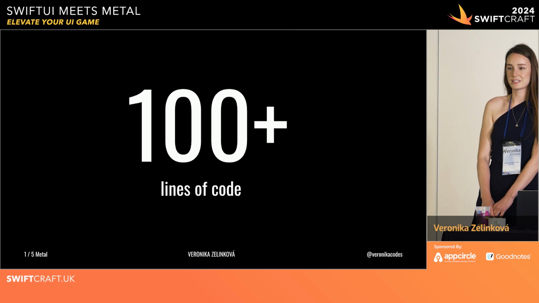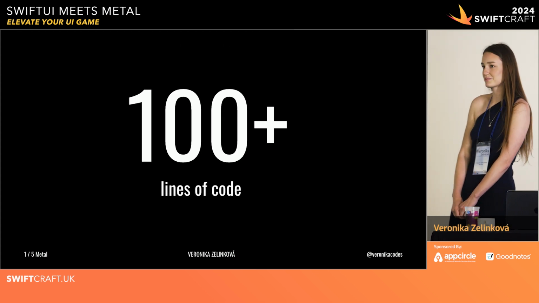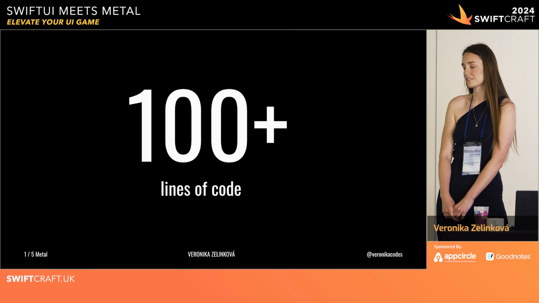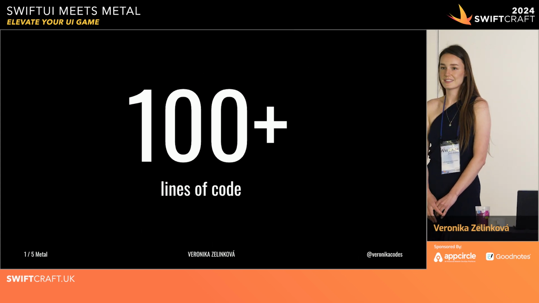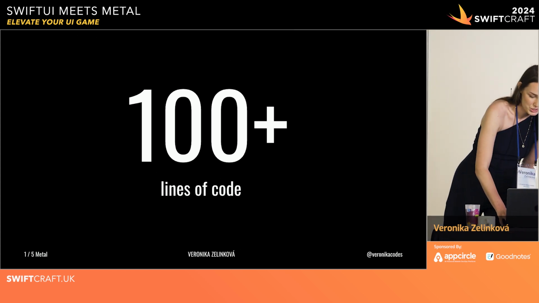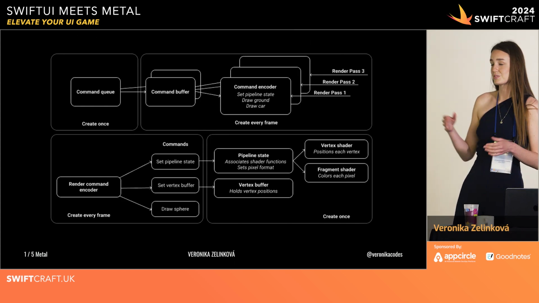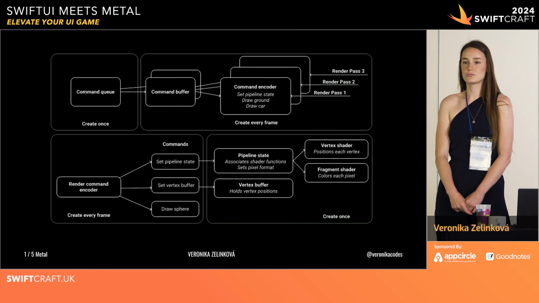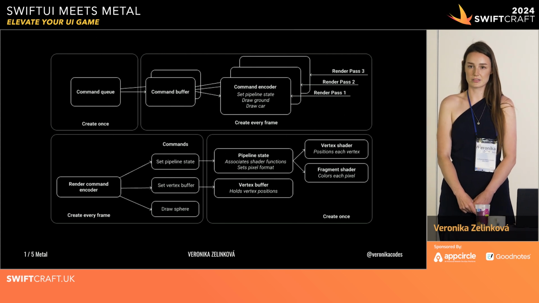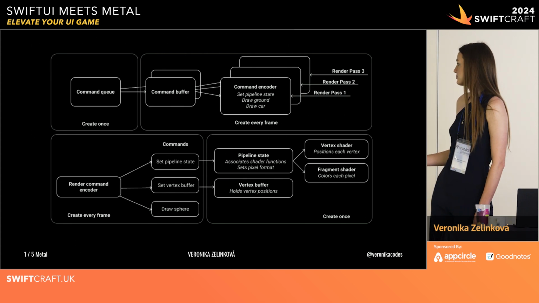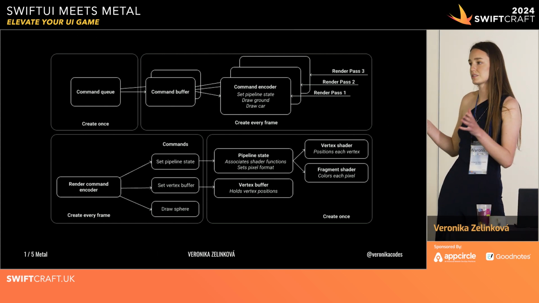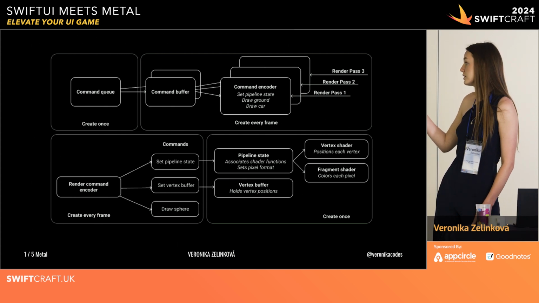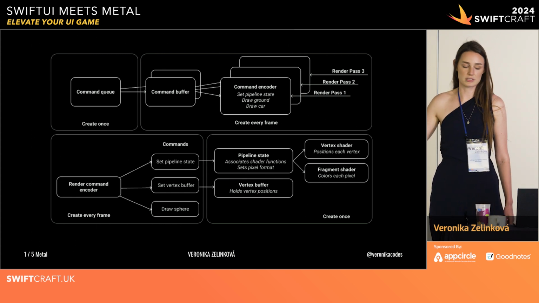So why is it so difficult to write Metal code? Why does no one want to touch it? Well, it's because to set up a basic Metal rendering pipeline, you are looking at at least 100 lines of code. To visualize it, to render a simple rectangle on the screen, we would have to write vertex and fragment shaders. The vertex shader defines the positions of the rectangle, and the fragment shader defines the colors.